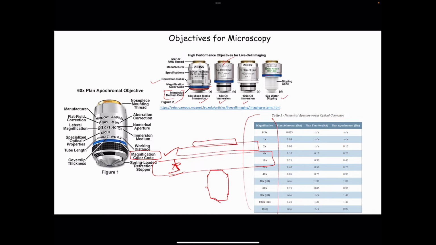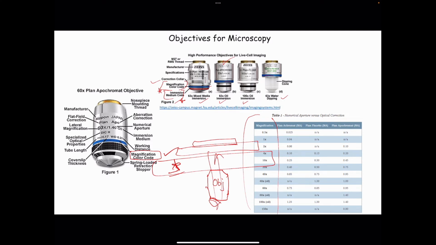Sometimes your objective is not completely visible to you, your markings and everything. So when you have to confirm, you can remember the code of the magnification as well as the code of the immersion medium. Both of these are very important and come in handy when you have to observe in an epi-illumination path, where the light collection and the illumination of your sample are done by the same lens.